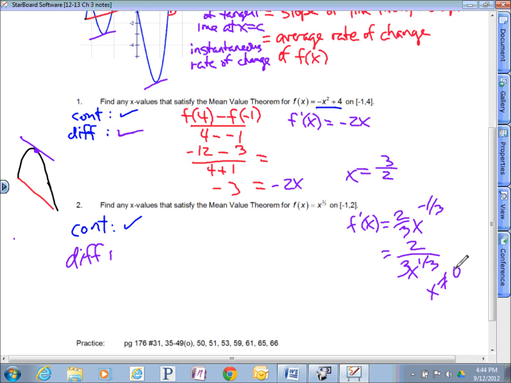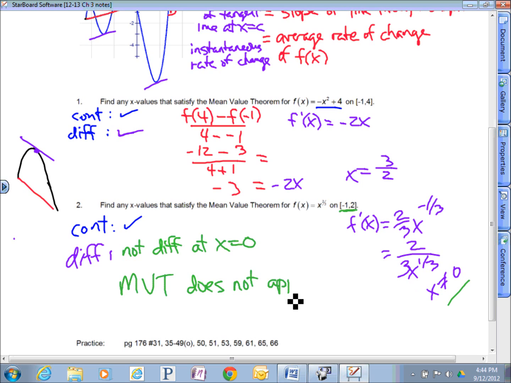Is x equals 0 in our interval from negative 1 to 2? Yes, x equals 0 is in that interval. So this thing is not differentiable at x equals 0. Mean value theorem does not apply on the interval from negative 1 to 2.